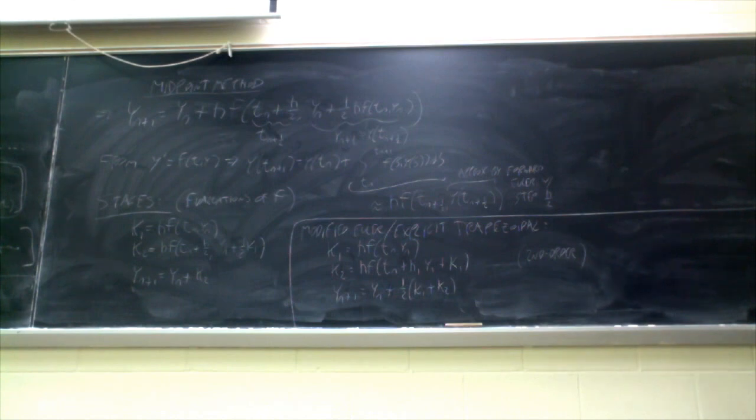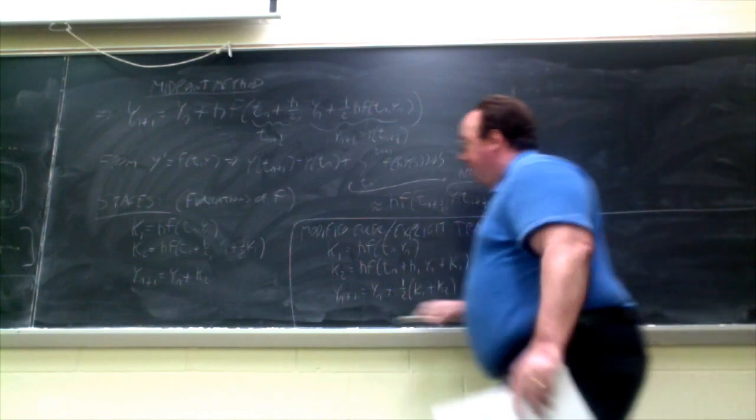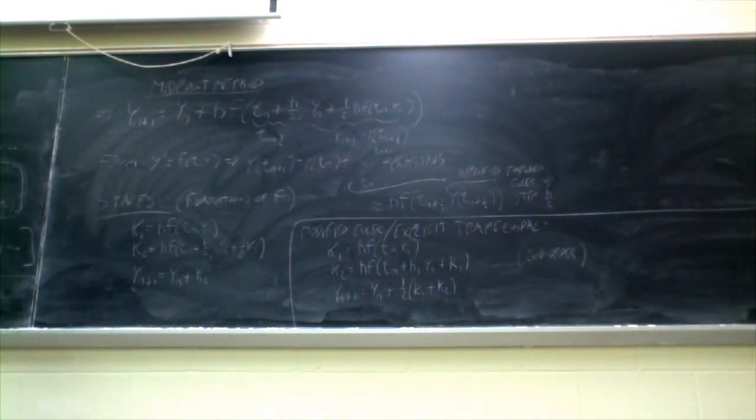Now, the best known Runge-Kutta method, and sometimes people just call this the Runge-Kutta method, but there's so many of them. And a lot of them are named after people. Like, the ODE solvers in MATLAB, like ODE23 and ODE45, are specific kinds of Runge-Kutta methods.